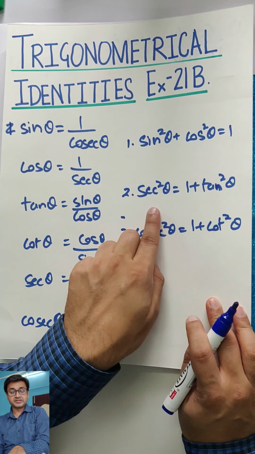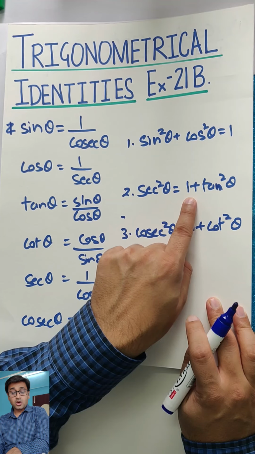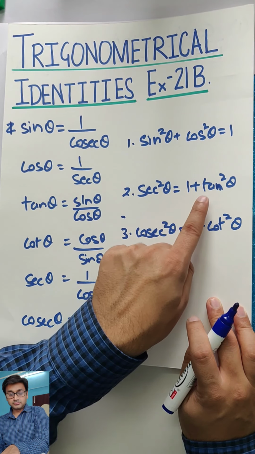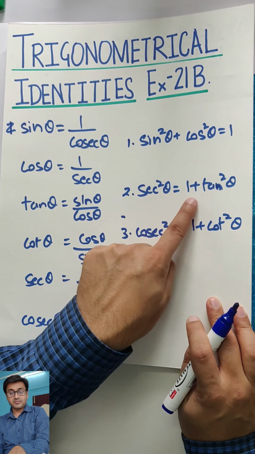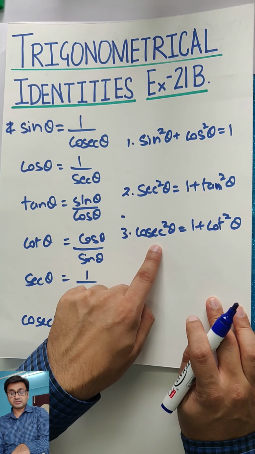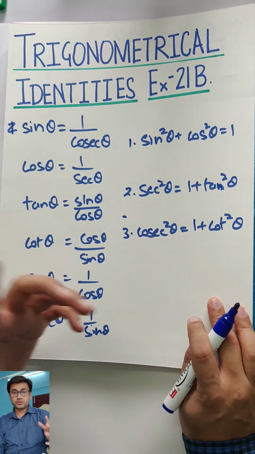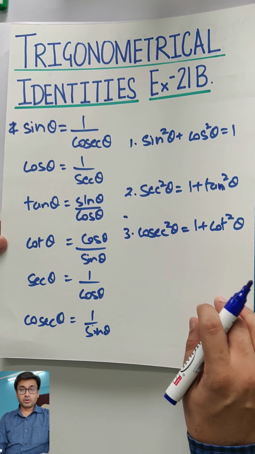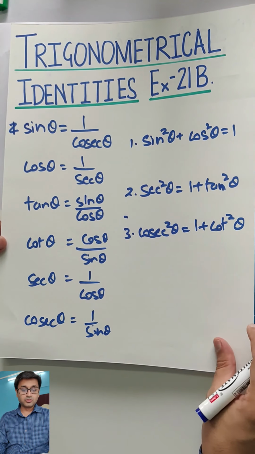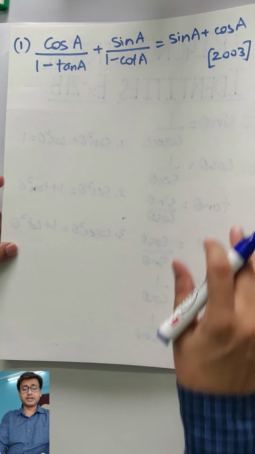Likewise, you can say over here sec square minus tan square is 1, or tan square is equal to sec square minus 1. Likewise, cosec square minus cot square is 1, or cot square is equal to cosec square minus 1. So depending on whatever you want, you can accordingly use it. Depending on the question, you can accordingly frame it.